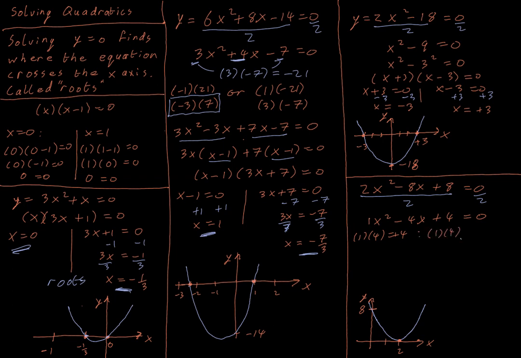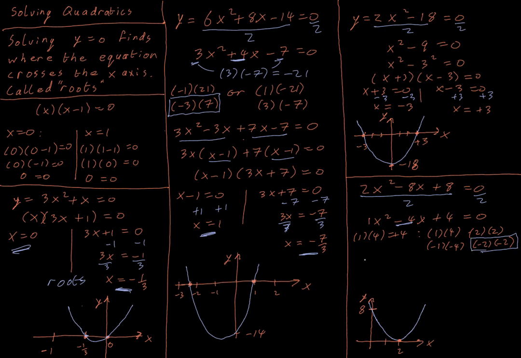That would be 1 by 4, or 2 by 2, or minus 1 by minus 4, or minus 2 by minus 2. All of those would work out. And which one adds together to give the number in front of the x? Well, it's going to be minus 2 and minus 2.